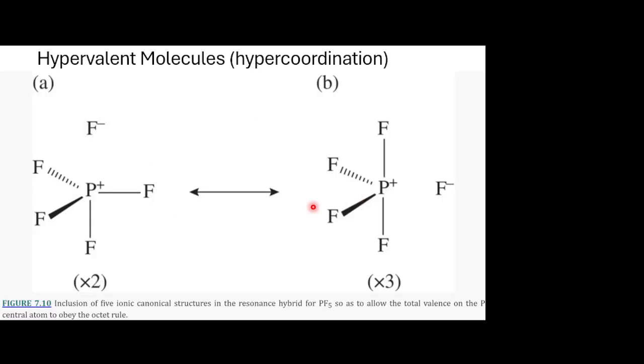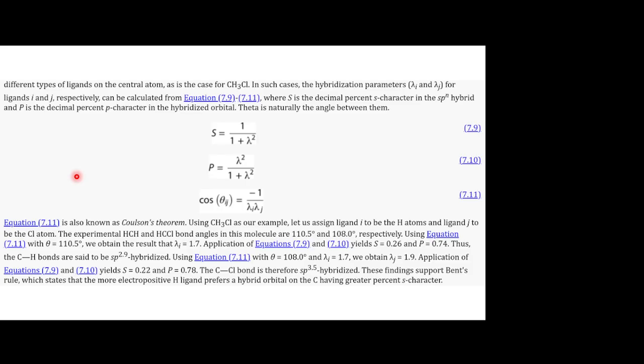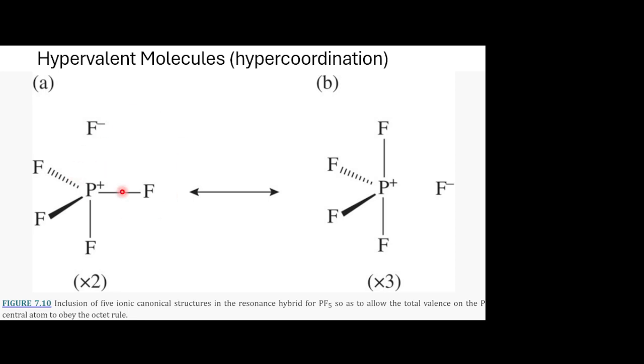All right. So let's look at hypervalent molecules. Another name for this is hypercoordination. And if we look at this right here, which is the PF5, you guys have probably seen that a few times. This actually does not work well with what we've previously been talking about, okay? It doesn't really have each of these as normal bonds.